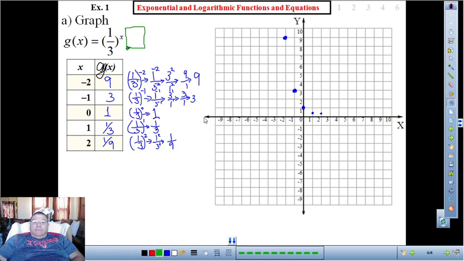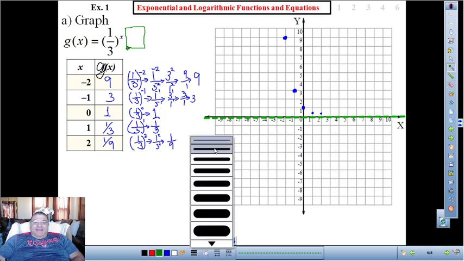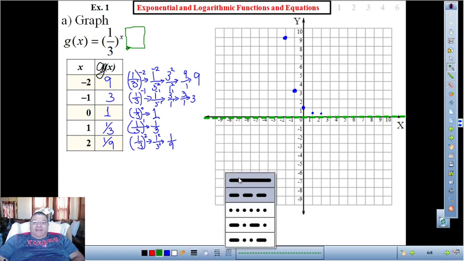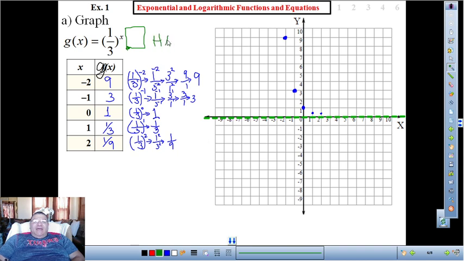Like this. There it is. All right. So our horizontal asymptote is y equals 0. That's why it goes through 0.